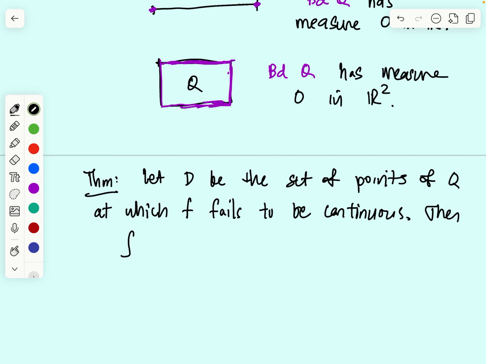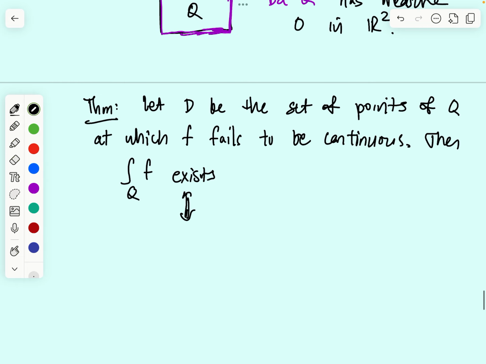Then the integral of f over Q exists if and only if D has measure 0 in Rn.